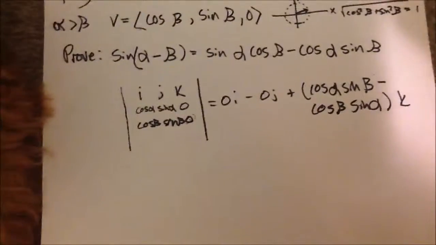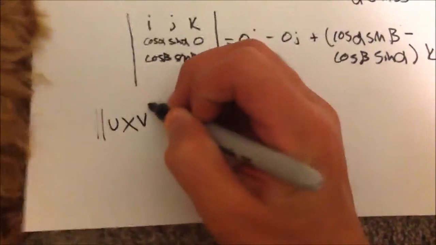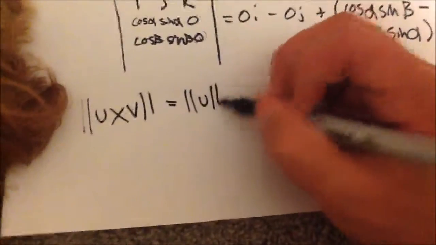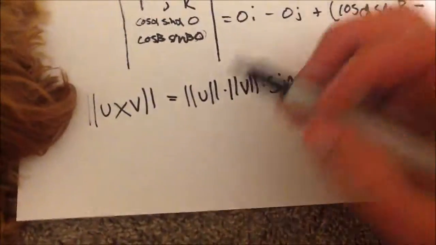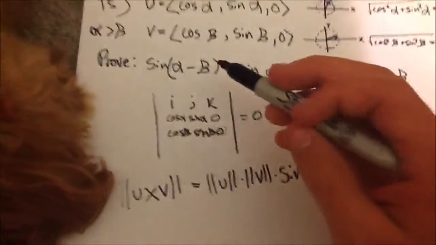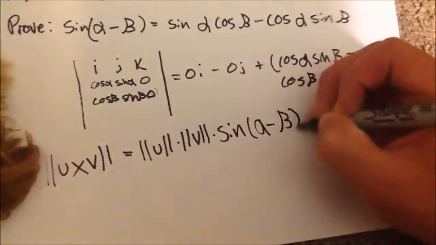One of our identities that we already know is that the cross product between any two vectors u and v, if you take the magnitude of that, it's going to be equal to magnitude of u, magnitude v, times sine of theta, theta being the difference in angles between u and v. In our case, because u and v are a and b, that can be a, because a is the greater one, minus b.